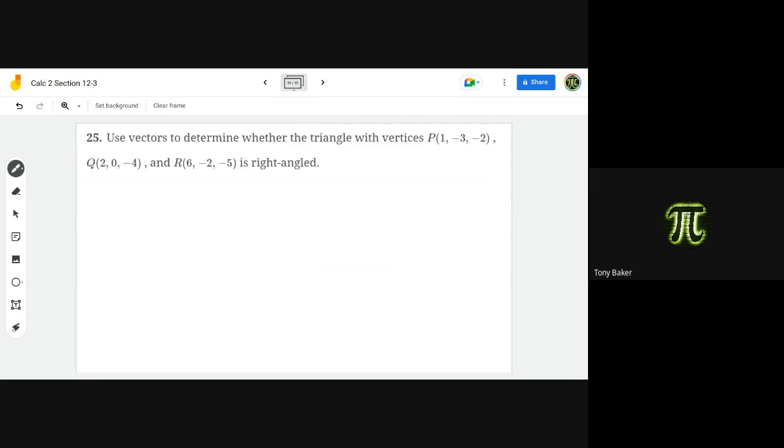So right now I have 3 points: P, Q, and R. So I've got those 2 vectors, vector PQ and vector PR, that I would have to do the dot product of.